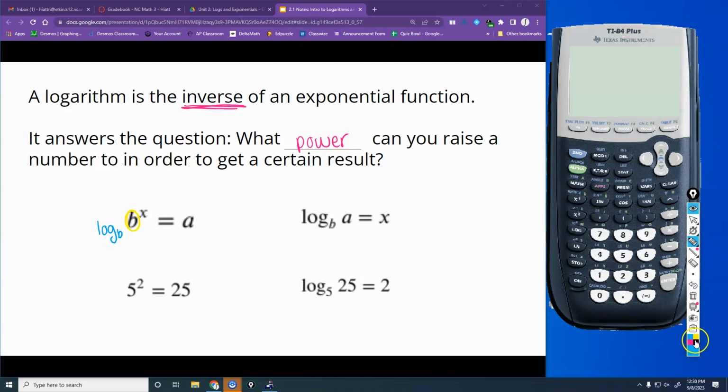We also call that a base right there. And that would cancel that out. But if you do something to one side, you also have to do it to the other. So then x would equal log base b of a, which, if you write it this way, is how that equation looks.